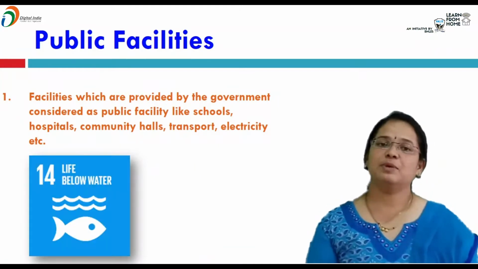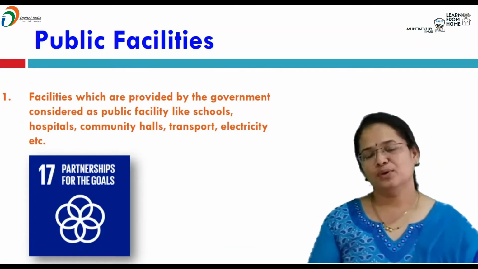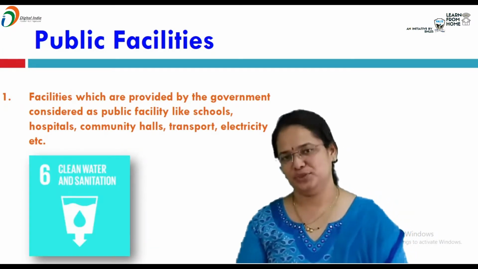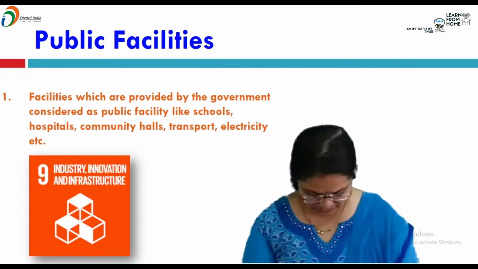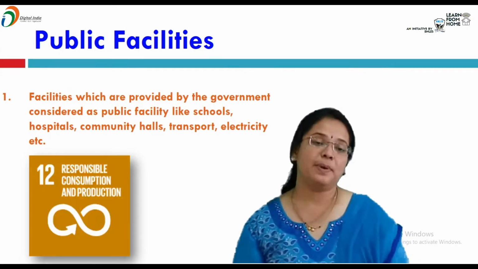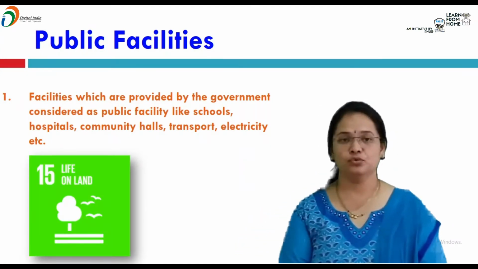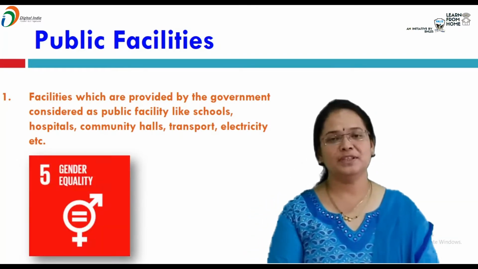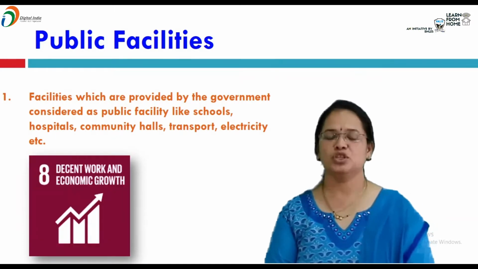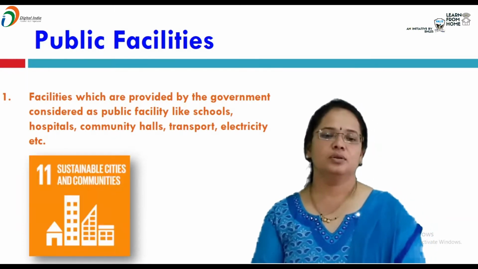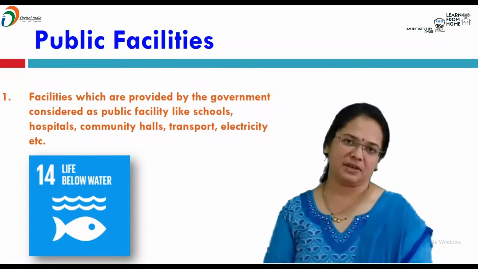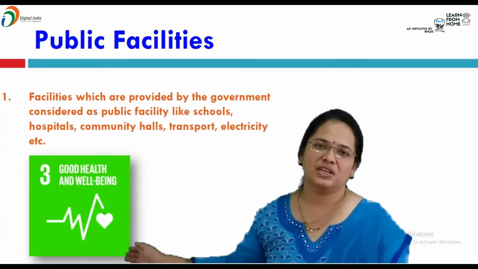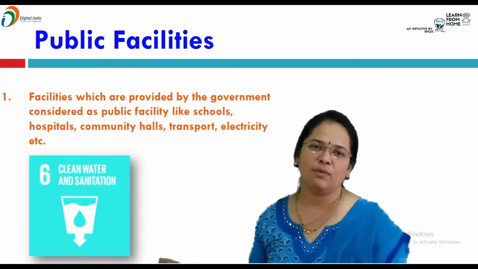Now the next part is about public facilities. We Indian people are always happy to understand if there are facility issues. Yes or no? We always try to seek facilities wherever we go. So facilities provided by the government, for example schools, hospitals, community halls, transport, electricity, etc., are the public facilities needed by every citizen who wants to develop themselves.